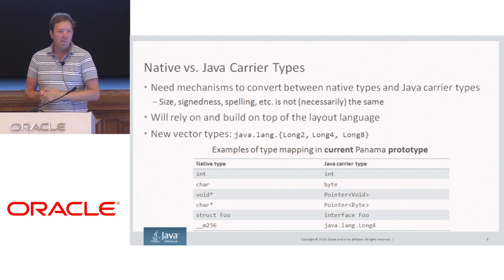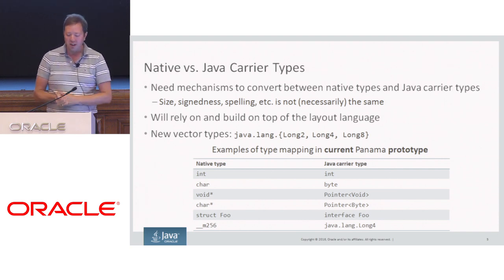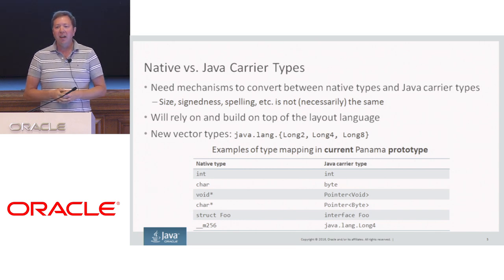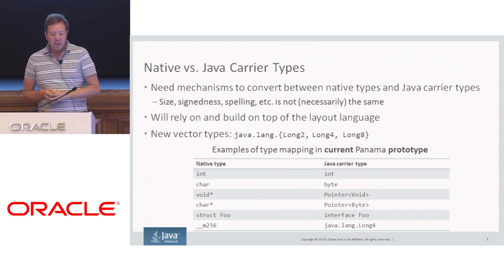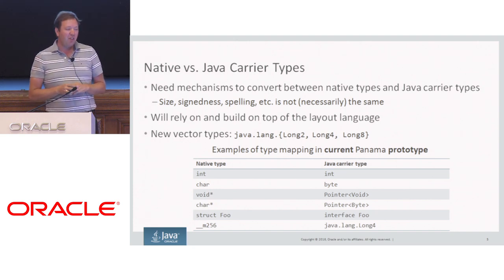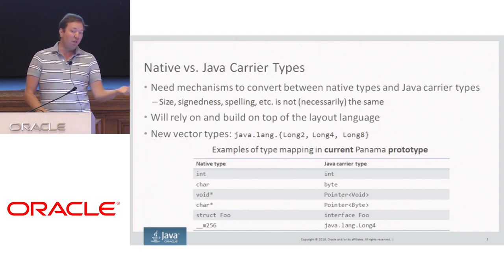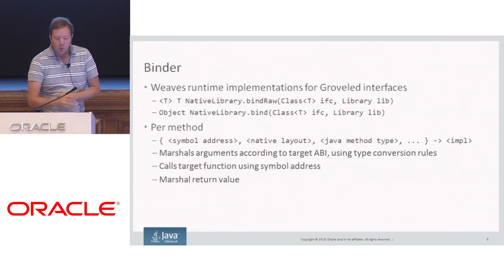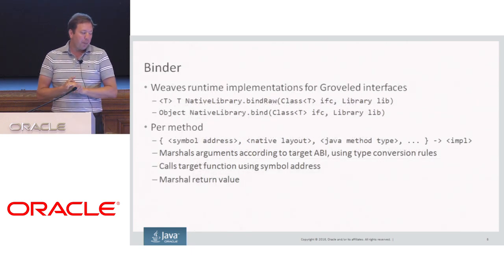They contain multiple different long fields, but can be treated like a vector. And we are currently translating the 256-bit vector type on the native side to a long4 on the Java level, for example. But again, more work definitely needed in that area.